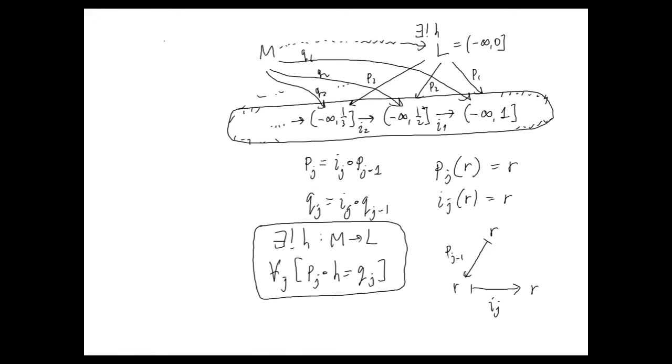And that's exactly what I'm going to get by mapping r by Pj. So it seems like this works, right? Brandon, do you agree with that? So far.